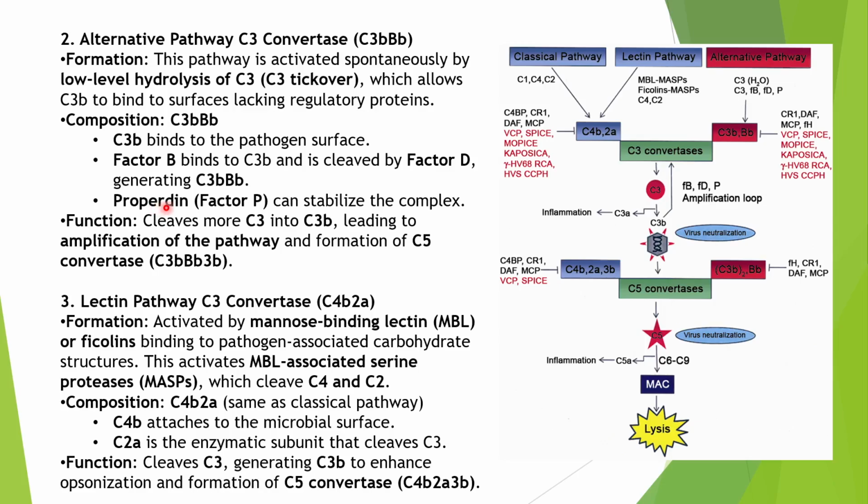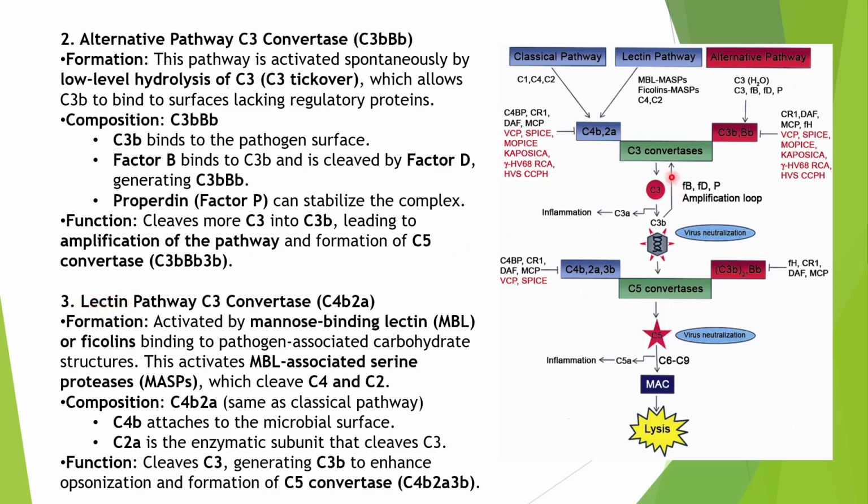Then we also have factor P, which is properdin. This can stabilize the complex. So the major function is cleavage of C3 into C3b, leading to amplification of the pathway and formation of C5 convertase. So here in alternative pathway, C5 convertase complex has C3b, factor Bb and again 3b.